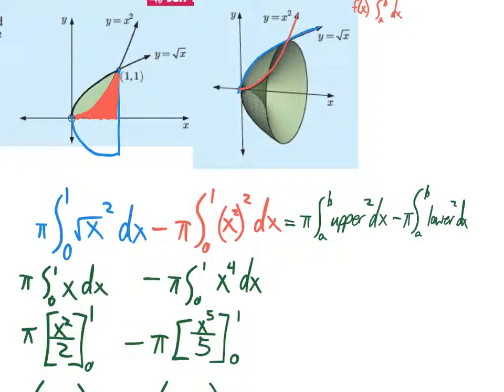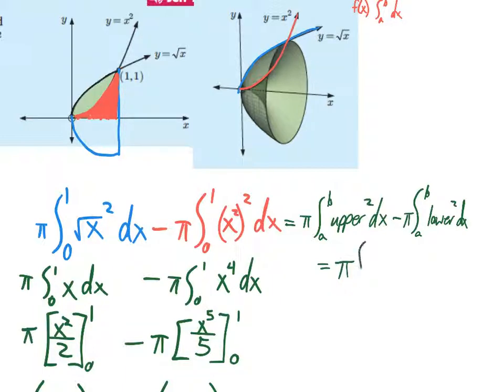Now, if you think about some basic algebra and also our rules for integrals, one thing that I can do is factor out the pi, because they're both multiplied by pi. But also remember, when we're subtracting integrals, you can put them together and subtract what's inside first, then take the integral, as opposed to taking two separate integrals and then subtracting them.